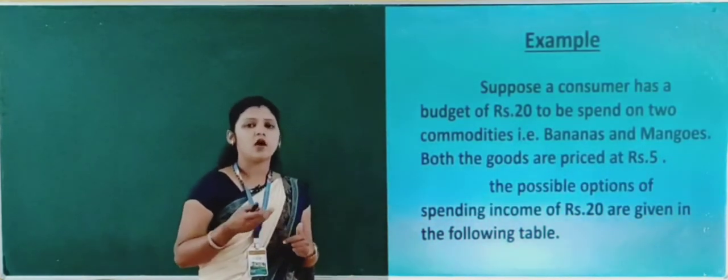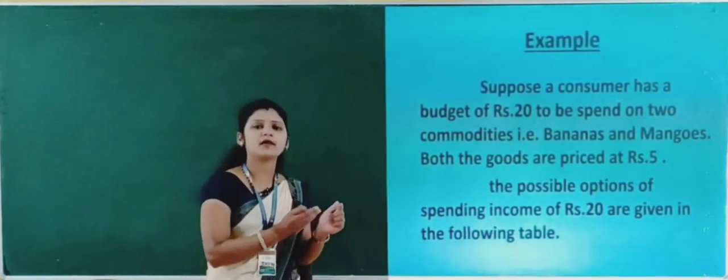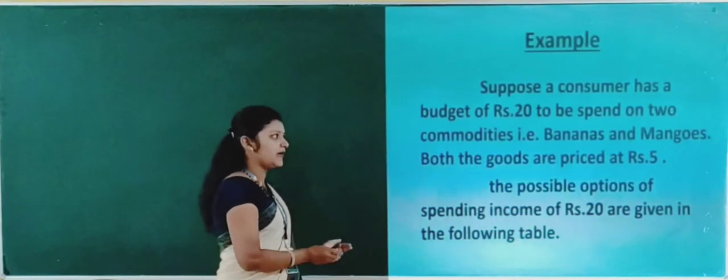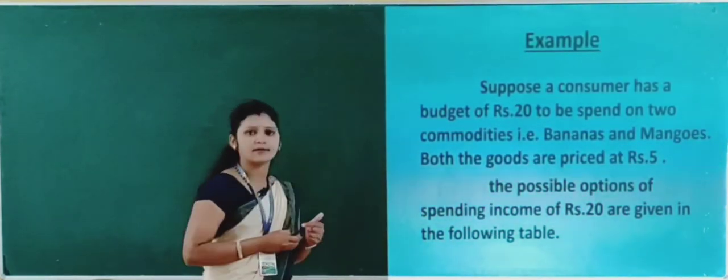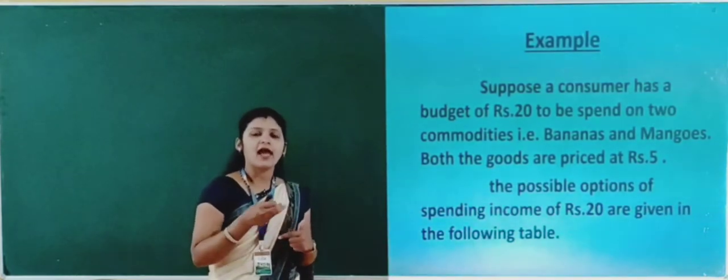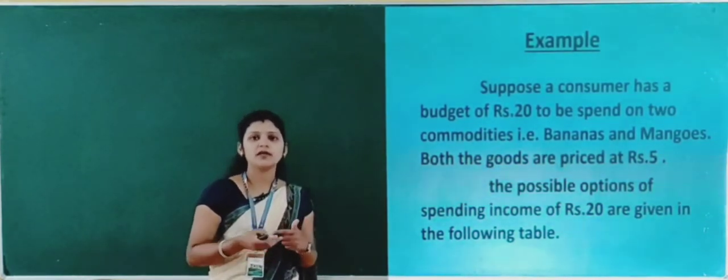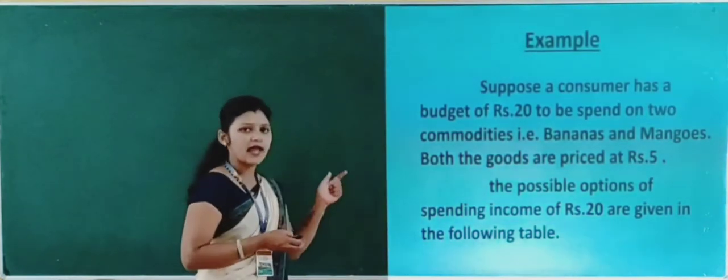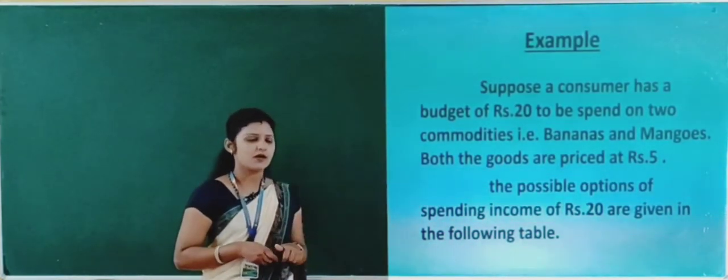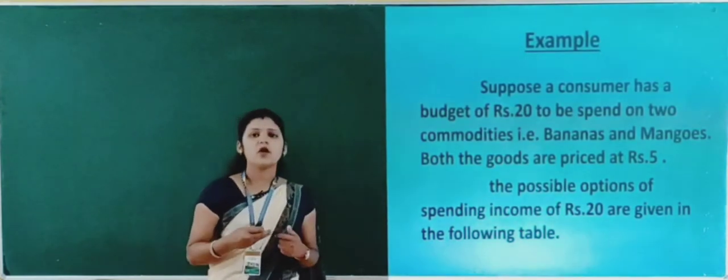Whatever options are available to a consumer to purchase bananas and mangoes out of his money income of rupees 20, the purchase of the consumer depends on the price of the commodity and the income of the consumer. Now let's see the possible options.